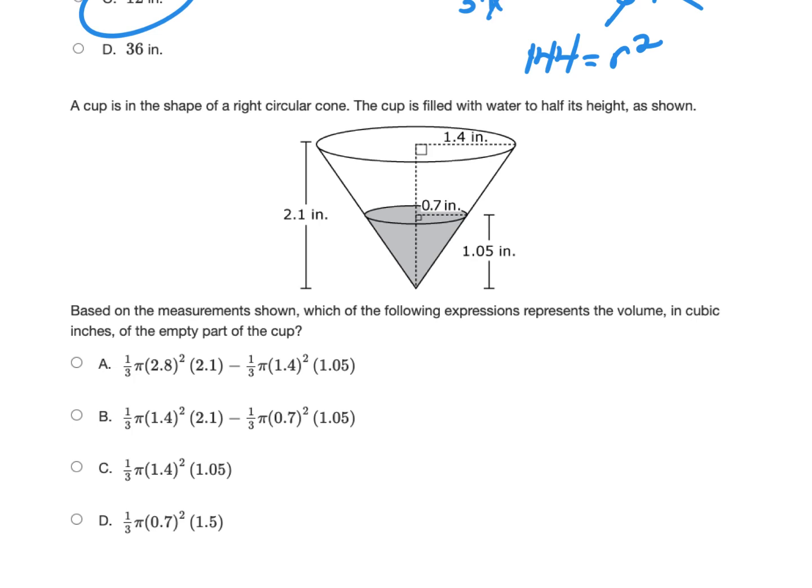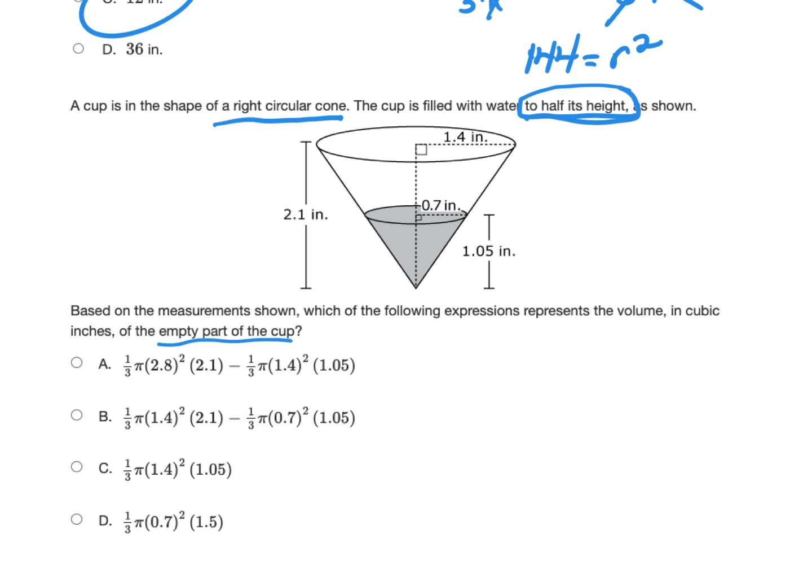We are told we have a right circular cone and that the cone is filled with water to half the height. And the question is asking which of the following expressions represents the volume of the empty part of the cup. So the empty part, it's half.